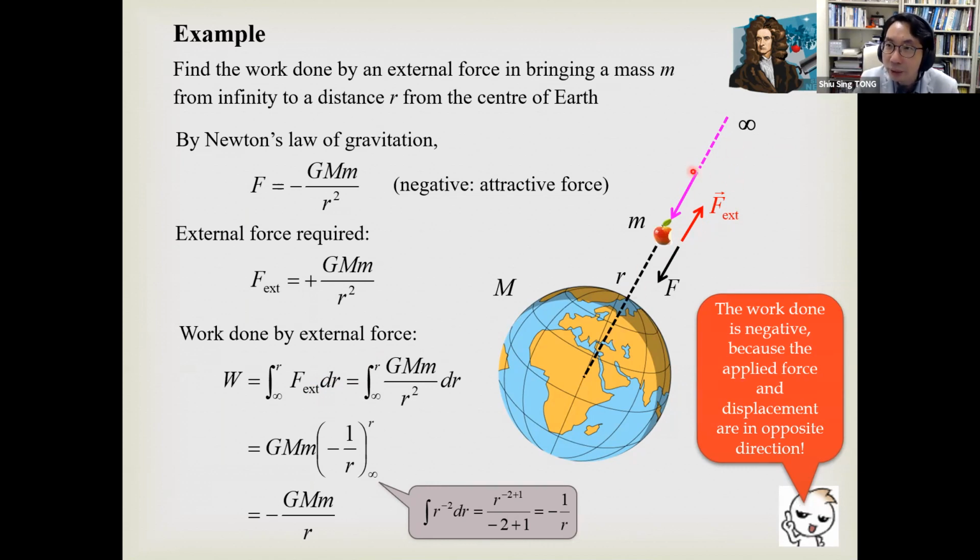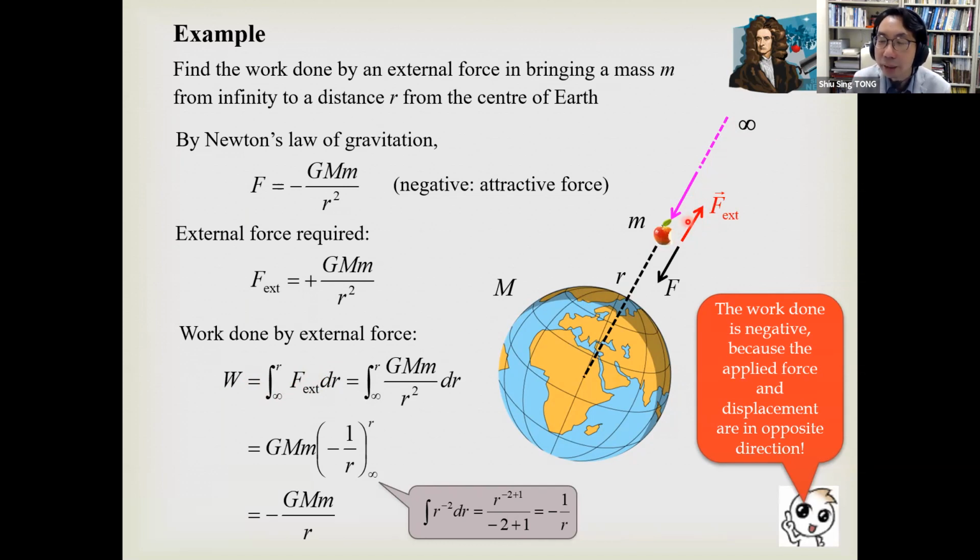So I do the work from infinity, from a point which is very far away, that is essentially infinity, to a position which is at a distance small r from the center of the Earth. And I want to calculate that work done. The work done required by the Superman in moving the apple from infinity to a certain distance r from the center of the Earth, so I do this integral. Now, why the Superman needs to do this? That is unimportant.